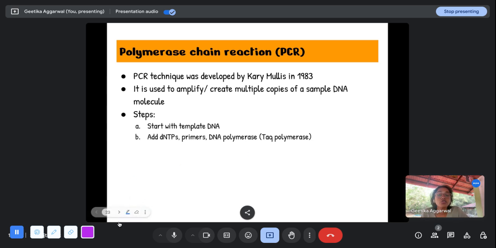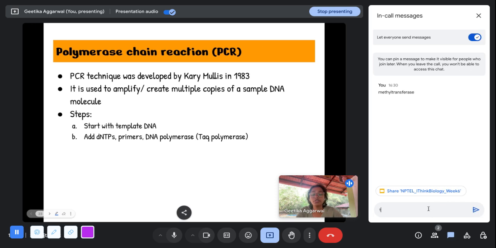So that is how PCR works. You get primers and you get DNA polymerase, in this case Taq polymerase. Taq polymerase is a DNA polymerase isolated from the bacteria called Thermus aquaticus. This is the spelling of the bacterial name.